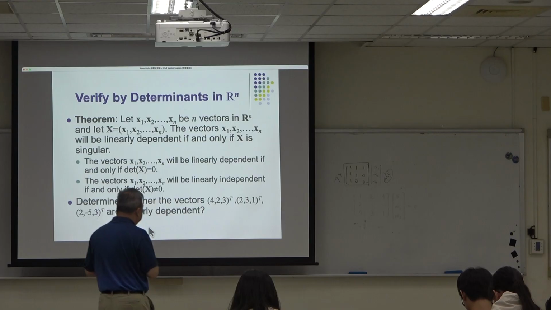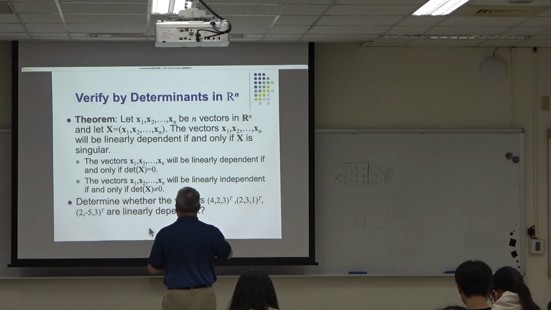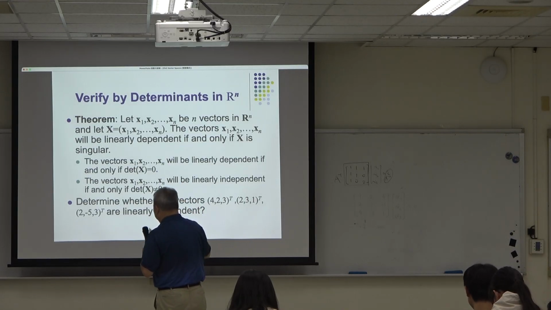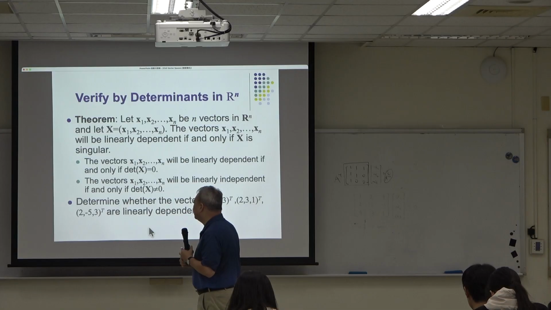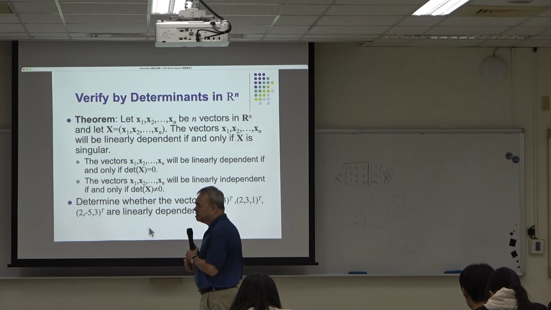Basically, if you try to understand it, you write that definition into a matrix multiplication. So the issue is whether or not the inverse exists. If the inverse exists, then it means you have a unique solution, which is the zero vector.